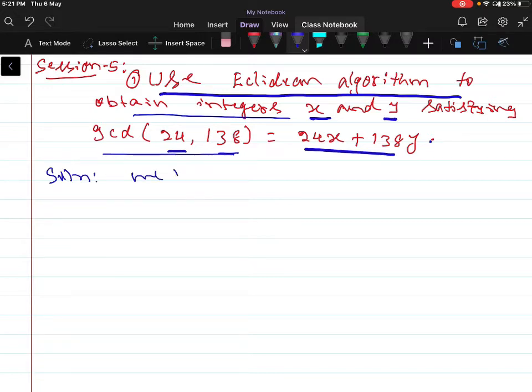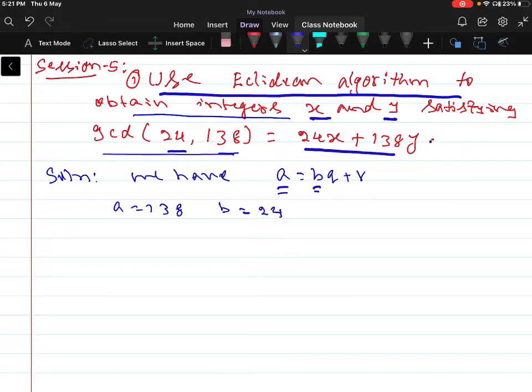We have a is equal to b into q plus r, where q and r are the quotient and remainder when a is divided by b. Here we can take a is equal to 138 and b is equal to 24.